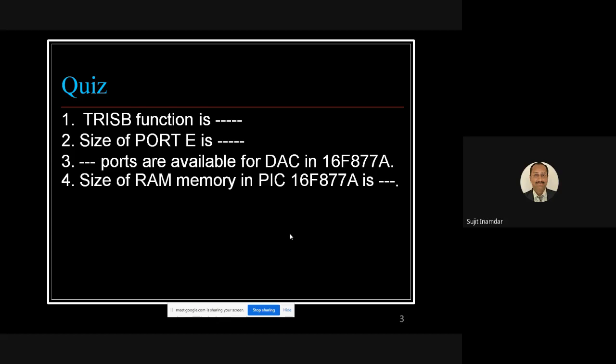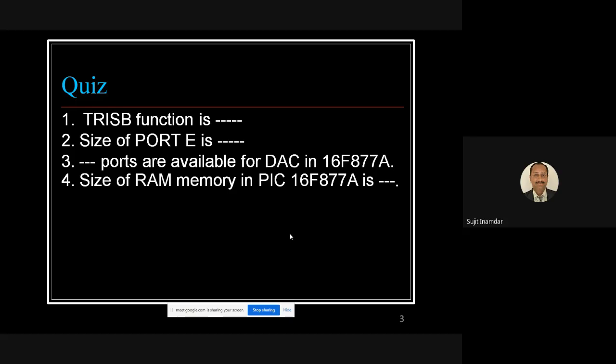So again, the TRIS, as I told, tri-state, it is used for deciding the direction. Which quiz you can see on the slide, I don't know, but what Vaishnavi has given, the answer for second, that is the port E size 3. Okay, very good.